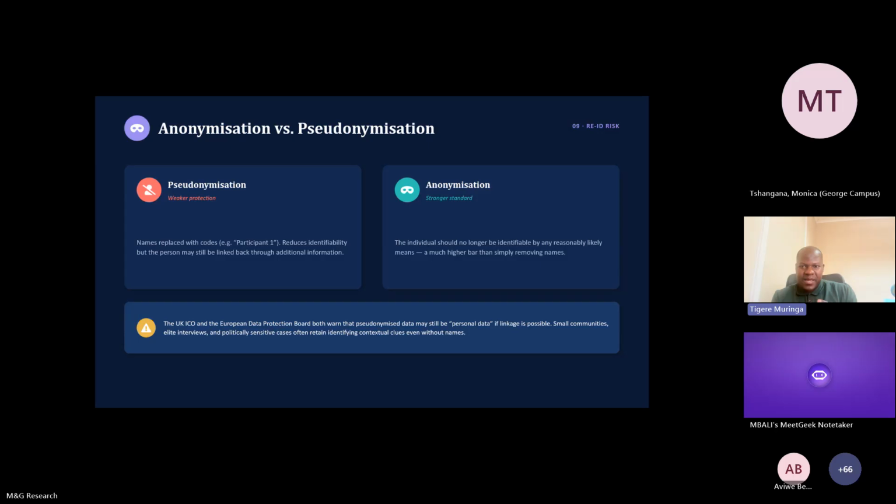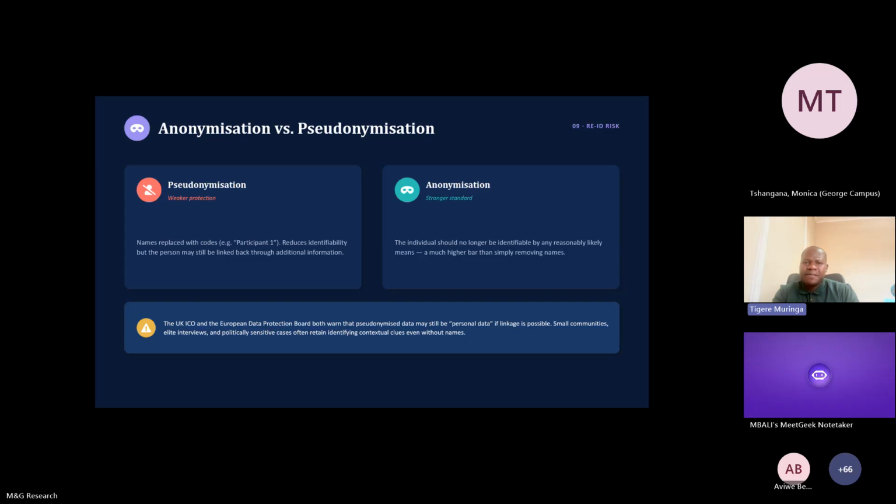So in research, this matters because small communities, elite interviews, workplace studies, and politically sensitive cases often contain contextual clues that make participants identifiable even without names, right? So it's not enough to anonymize and pseudonymize your data, because we can still trace back where that information is coming from.